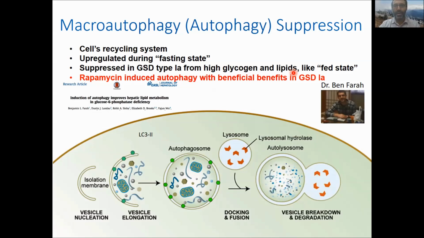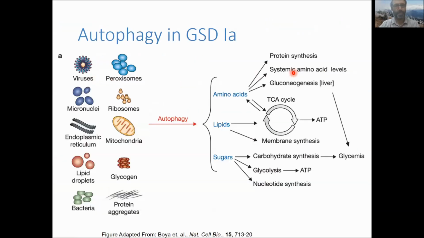We've then done research to activate it, and one activator of autophagy is rapamycin. In an initial study, it was beneficial in our knockout mice with GSD1. It lowered the glycogen, although it didn't prolong their survival. And this was all in collaboration with graduate student Ben Farah with Paul again at Duke National University of Singapore Medical School.